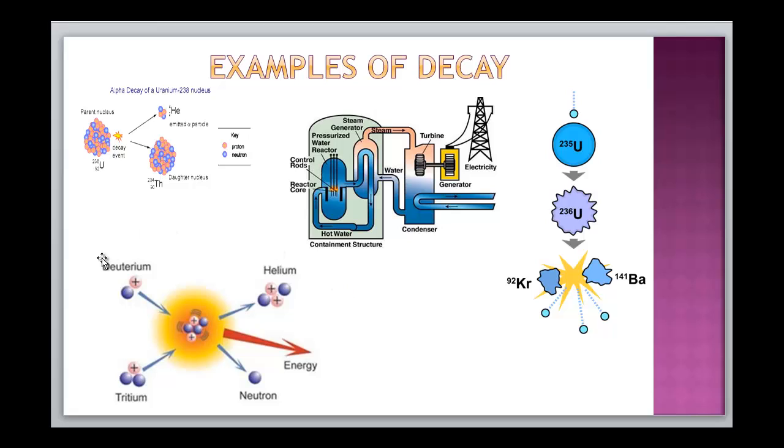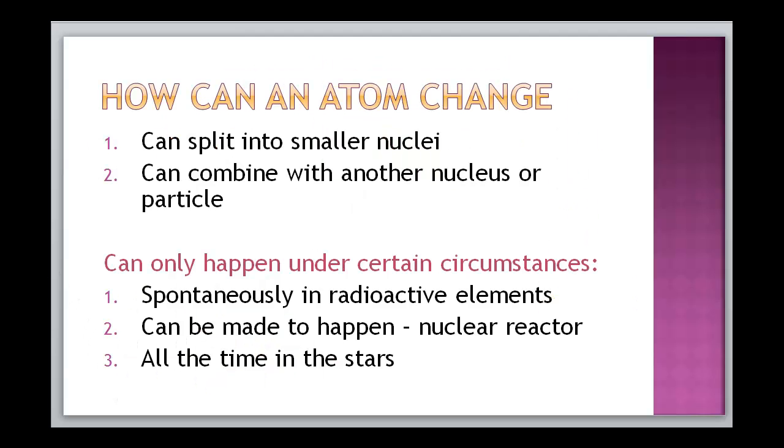And then this example down here is the joining of two different atoms together. Deuterium and tritium are forms of hydrogen that bond together to form helium, and then they emit this neutron over here, and it creates this huge amount of energy, and this is what is occurring inside the sun. Okay.